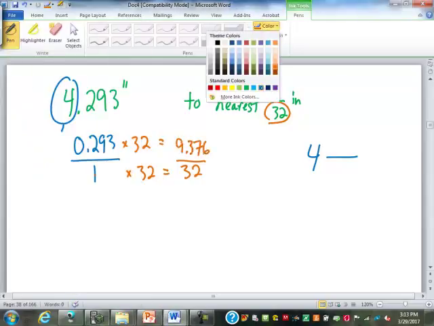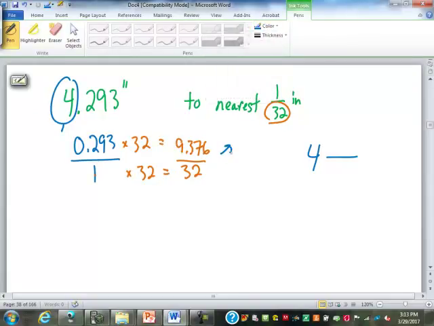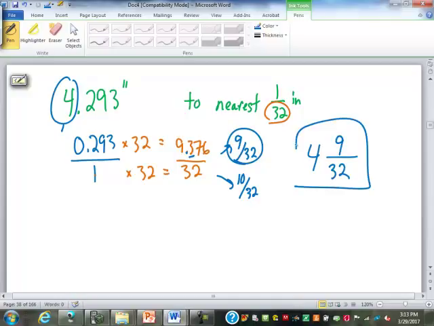That is telling me that this is between 9/32 and 10/32. Which one is it closer to? Since it's 9.3, it does round down to 9/32. So that's 4 and 9/32 of an inch.